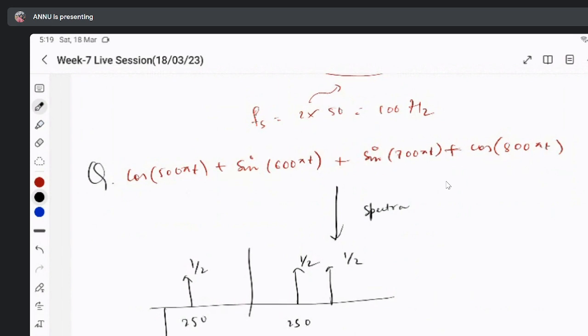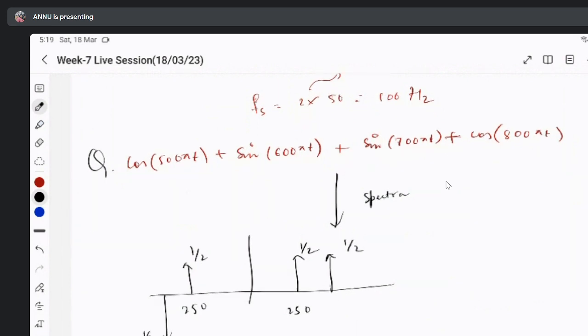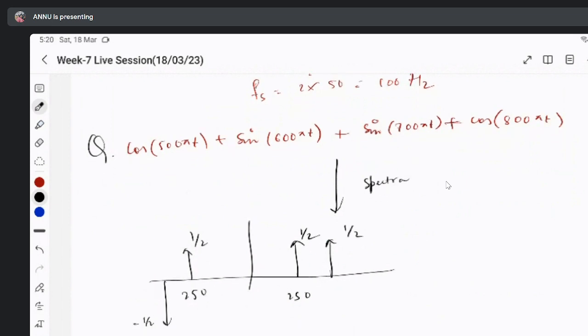You may face difficulty in summation of negative frequency, we will solve some questions related to that. When you say bandwidth is the difference between maximum and minimum, from minus fm to plus fm, the difference is 2 fm.